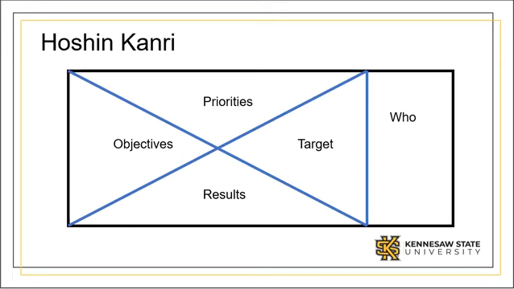In the corners between the results and objectives and priorities and target, we establish the dependencies between the activities in each section. Names of people responsible for the activities are documented on the right side.